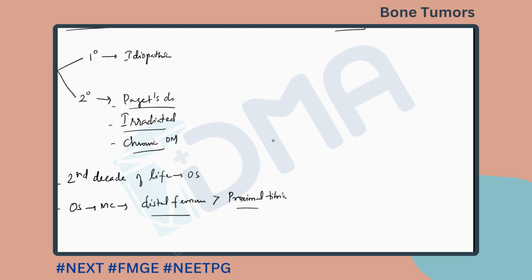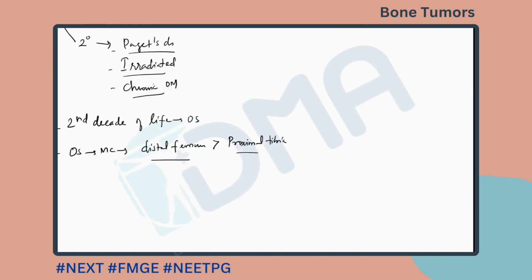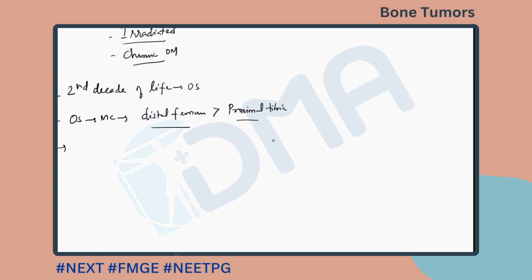So osteosarcoma is most commonly seen in distal femur followed by proximal tibia. Okay. Now whenever there is osteosarcoma, the patient can present with pain. The patient can present with swelling. Okay. So all this occurs very rapidly.